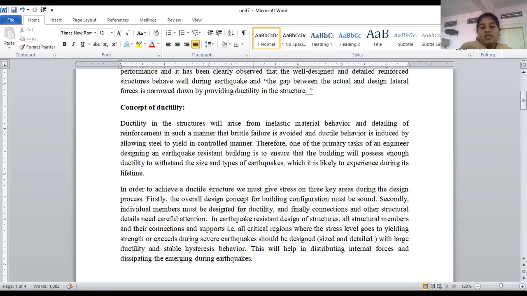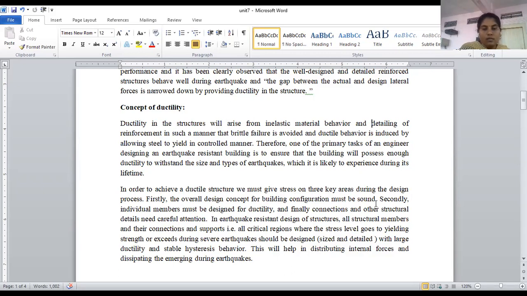Firstly, the overall design concept, the building configuration, must be sound.